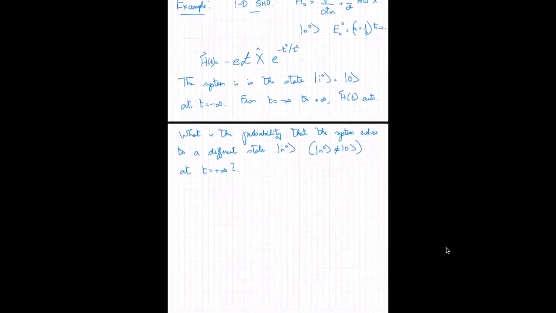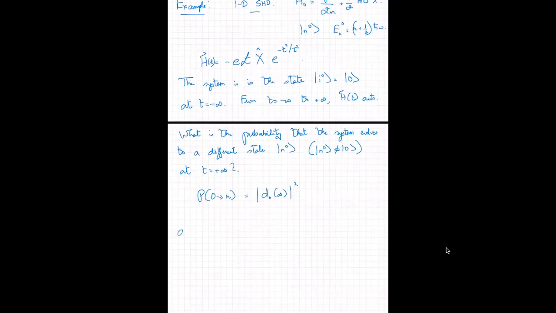So basically I'll have to calculate the probability. The probability for the zero state to evolve to a different state n at time t equal to infinity is this. I'll simply have to calculate d_n at time t equal to plus infinity and take the absolute modulus squared of that number.